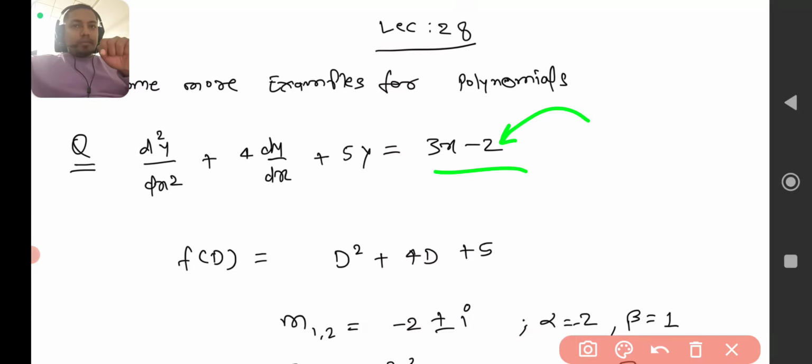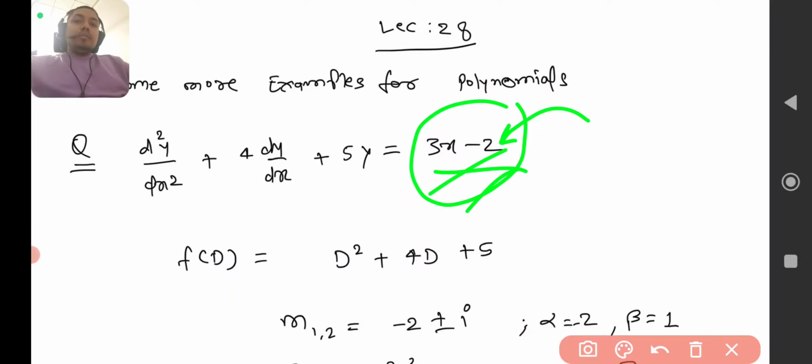So in two examples, in the first example I will combine this 3x minus 2 together, and in the second example I will treat that constant separately. And what is your main focus here? How to find out the particular integral, PI, for this.